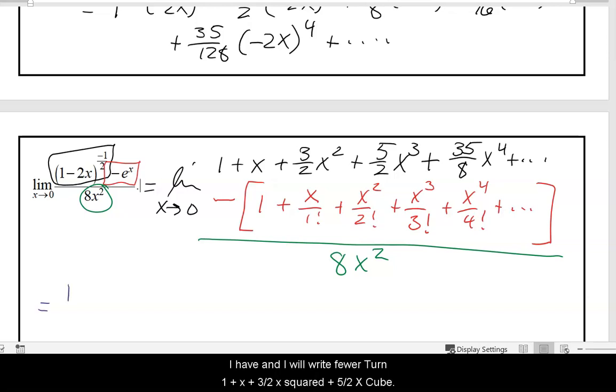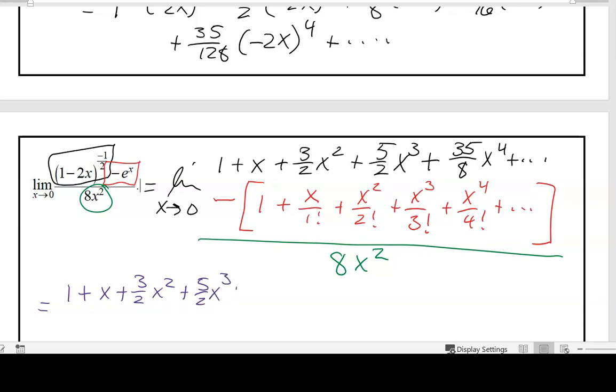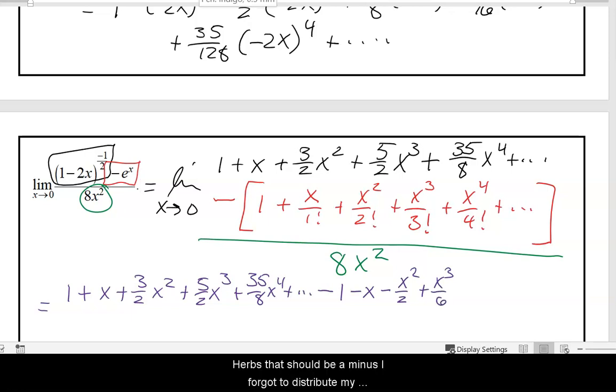I have, and I will write fewer terms, 1 plus x plus 3 halves x squared plus 5 halves x cubed plus 35/8 x to the fourth plus ... for the binomial series minus 1 minus x squared over 2 plus x cubed over 6. Oops, that should be a minus. I forgot to distribute my negative again.